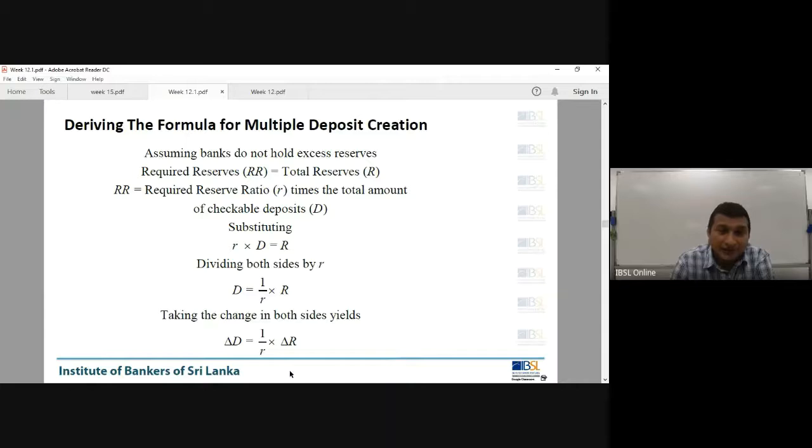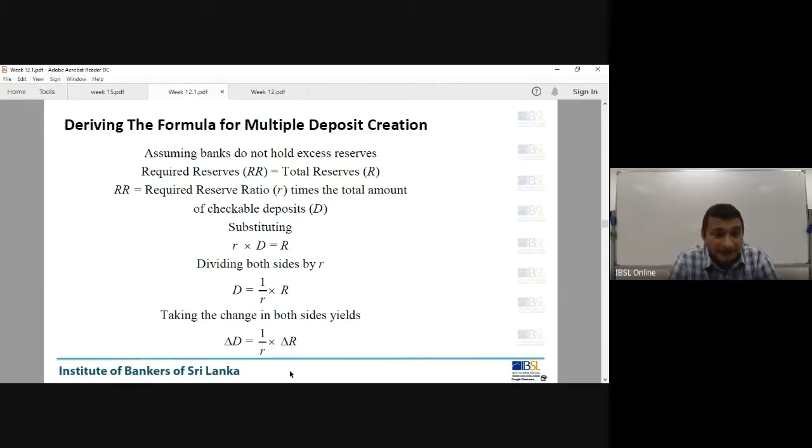So in such circumstances, total reserves is always equal to required reserves plus excess reserves. But when you make the excess reserves 0, naturally what you are left with in the equation is required reserves equal total reserves.